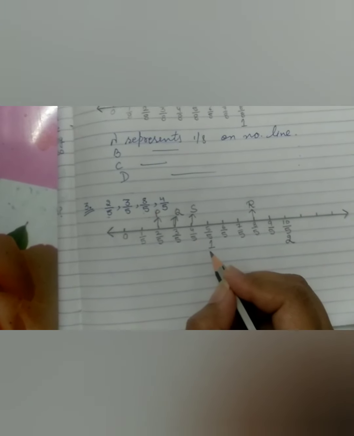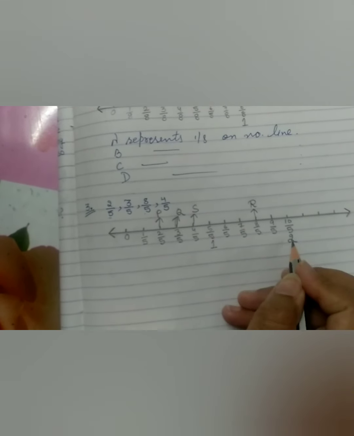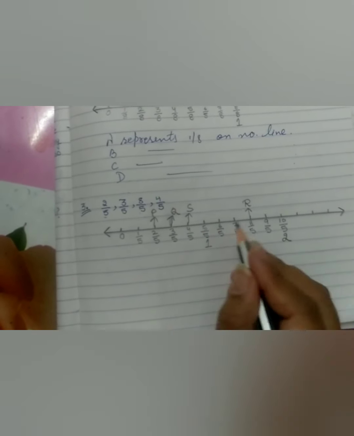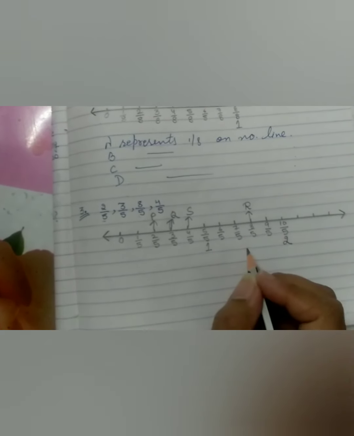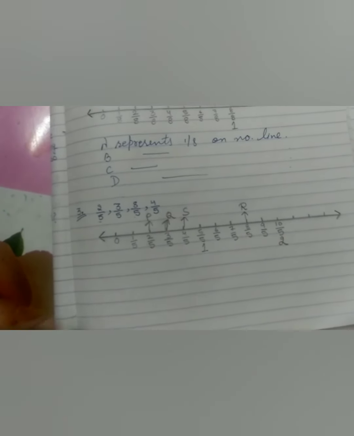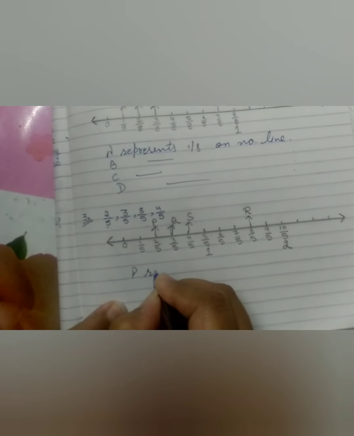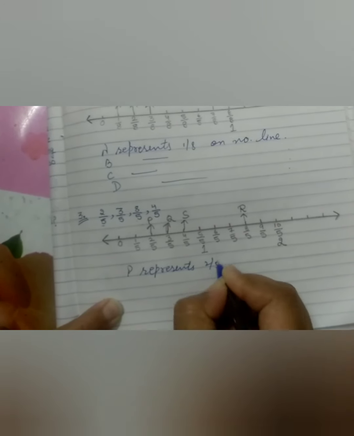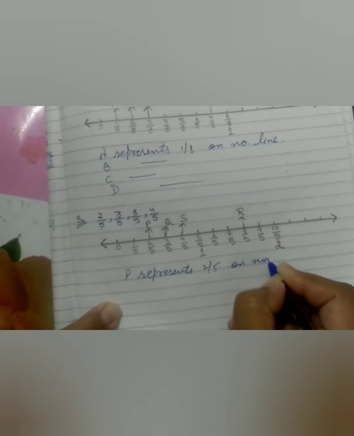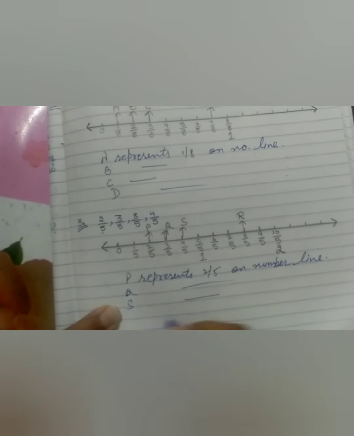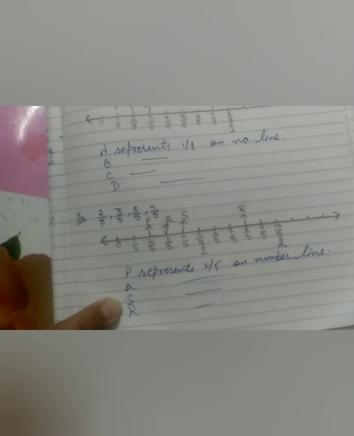So it lies between 1 and 2, meaning the value of an improper fraction is more than 1, which we have discussed earlier also, right? So again here you can write down that P represents 2 by 5 on the number line, and similarly what Q represents, what S represents, and what R represents.